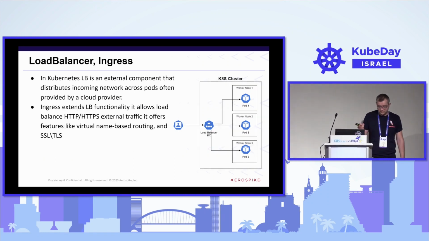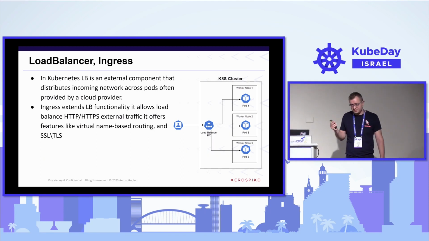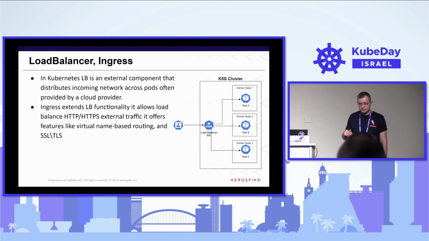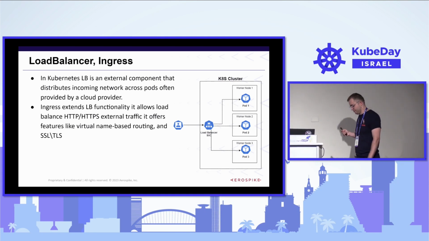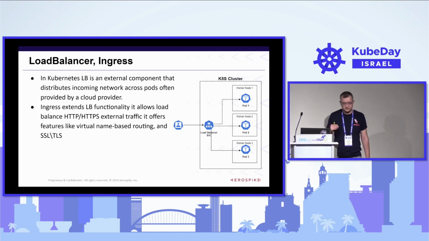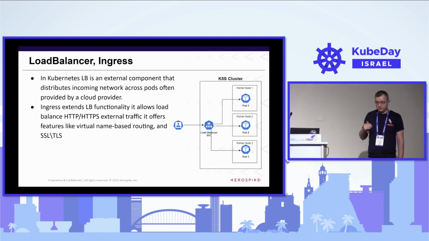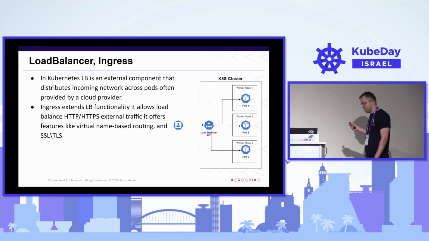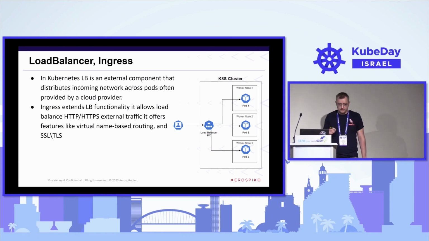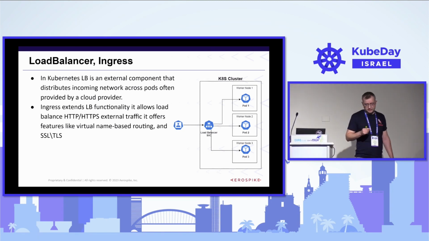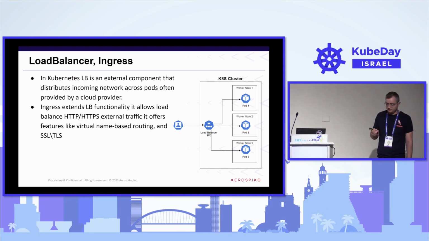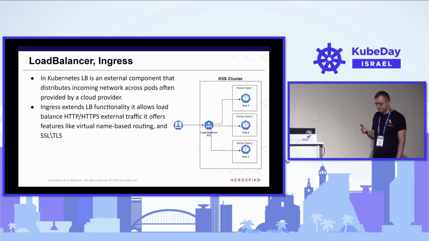Another approach is a load balancer. There is no default solution for a load balancer on Kubernetes, so you need to install it separately. You can use a cloud provider solution if you run on the cloud, and if you run on-prem, you can use MetalLB maybe in order to install the load balancer. There are a few kinds of load balancers.